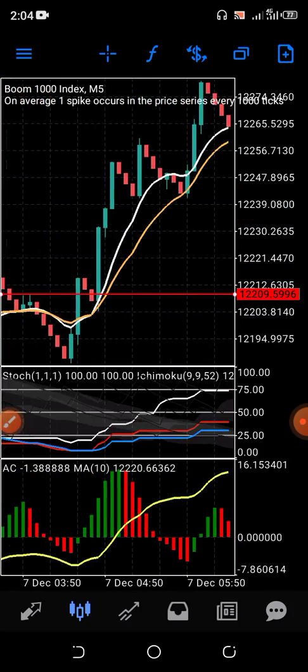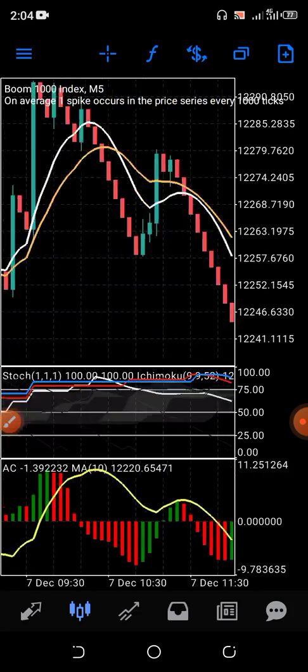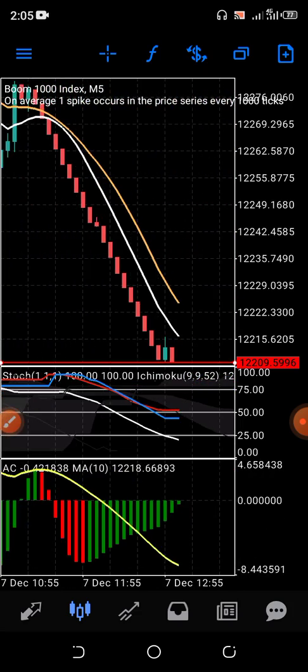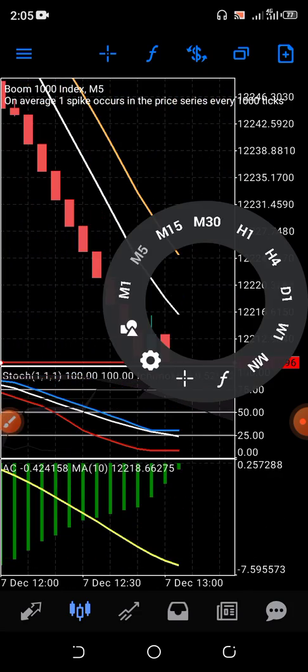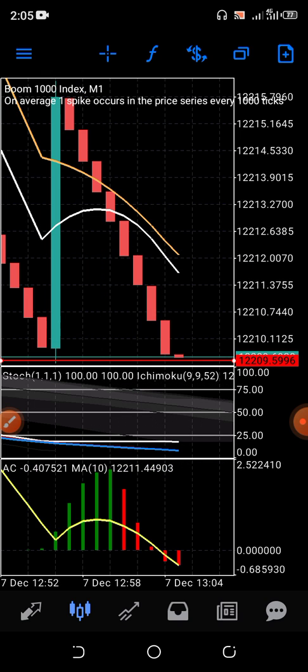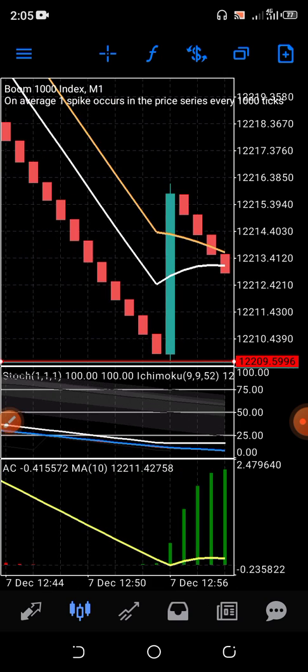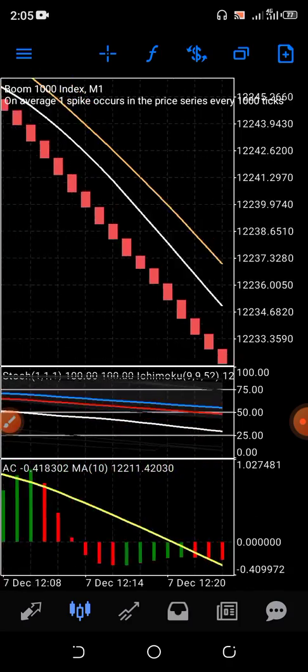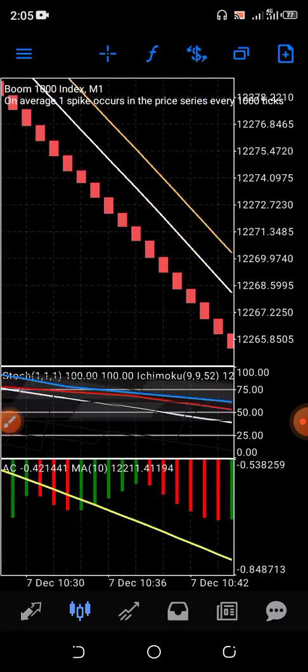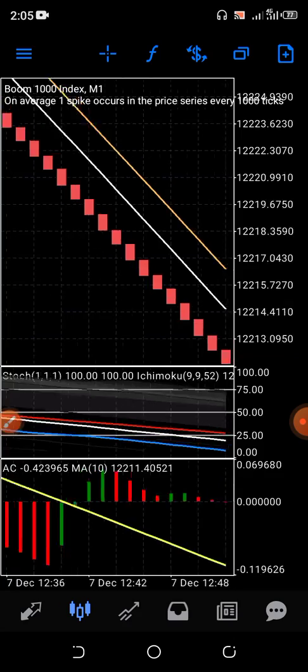Because once the price spikes and is retracing, it is not climbing. And once it is climbing, if it cannot climb past this, if there are two lines like this, okay, let me just get something here and show you.